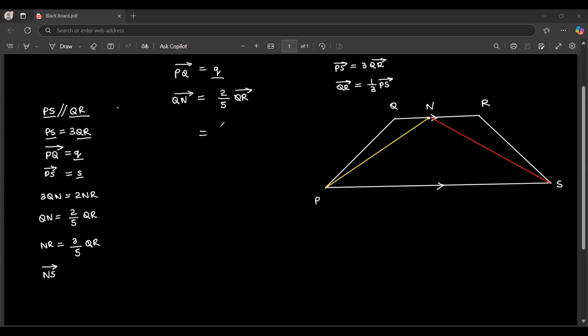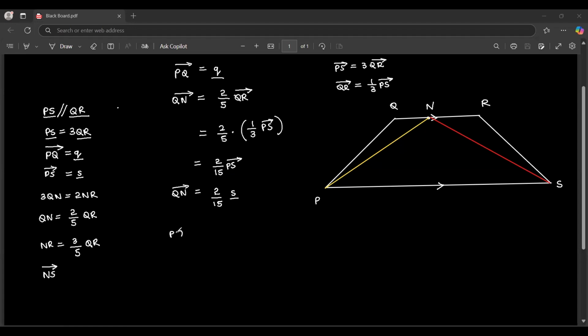So this will be equal to 2 over 5 multiplied by 1 over 3 PS. So that is 2 over 15 PS. And we know PS is equal to s. So QN is equal to 2 over 15 s.